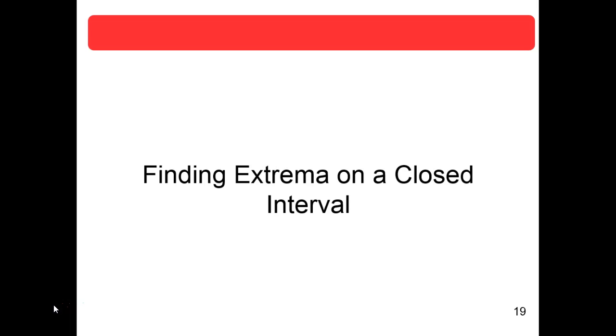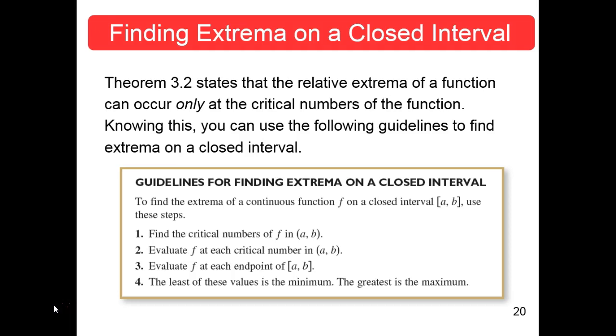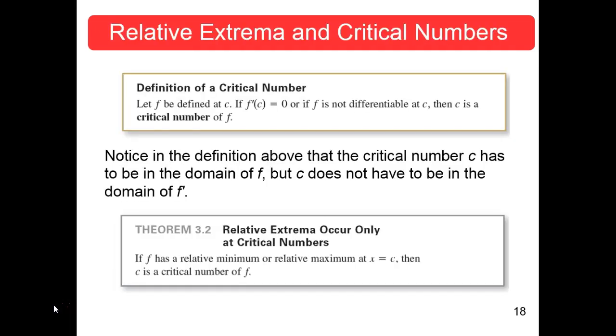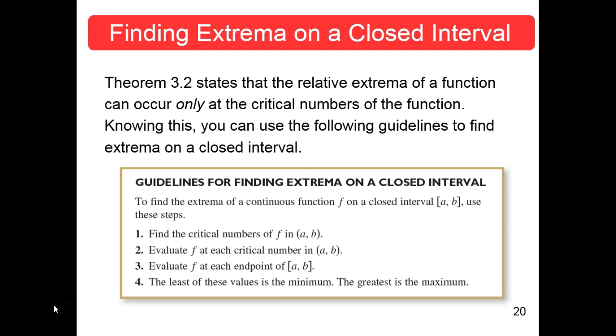So, find the extrema on a closed interval. Theorem 3.2, which was this one: if f has a relative minimum or relative maximum at x equals c, then c is a critical number of f. Notice those are relative minimum and relative maximum. That states that relative extrema of a function can occur only at the critical numbers of the function.